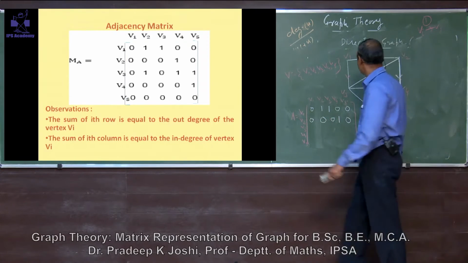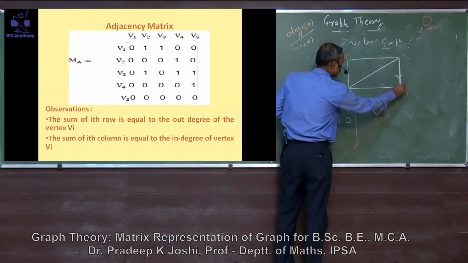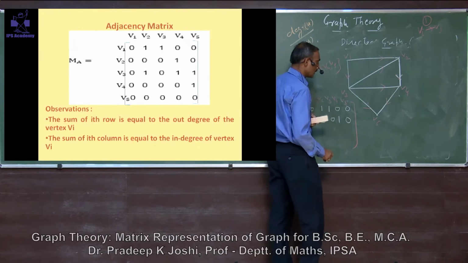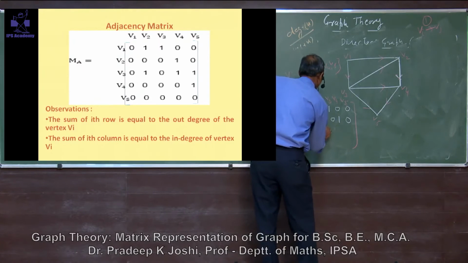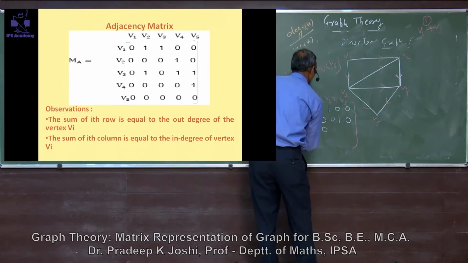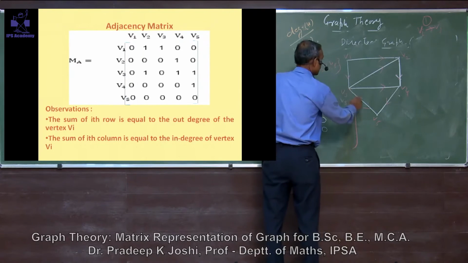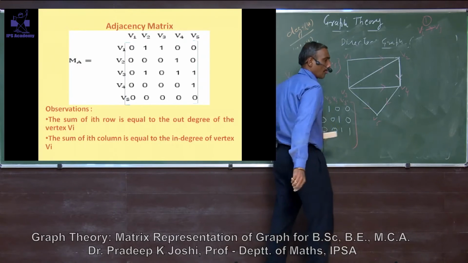Now V3 is adjacent to V4 and V5. V3 is not adjacent to V1, so put 0, and not adjacent to V2, put 0. V3 is adjacent to V4 and V5, so 1 1.